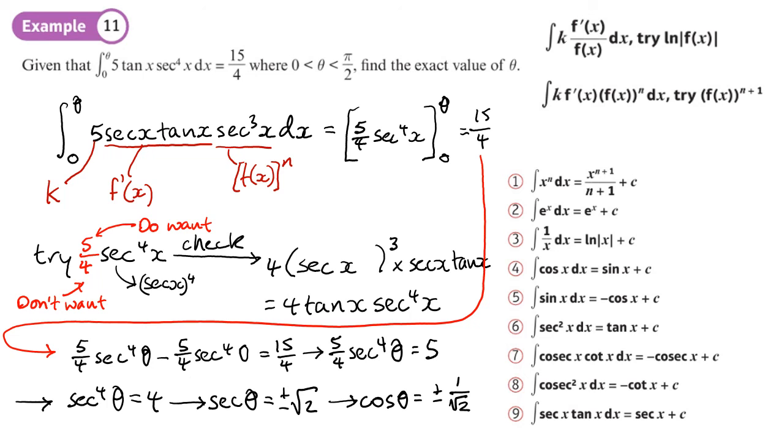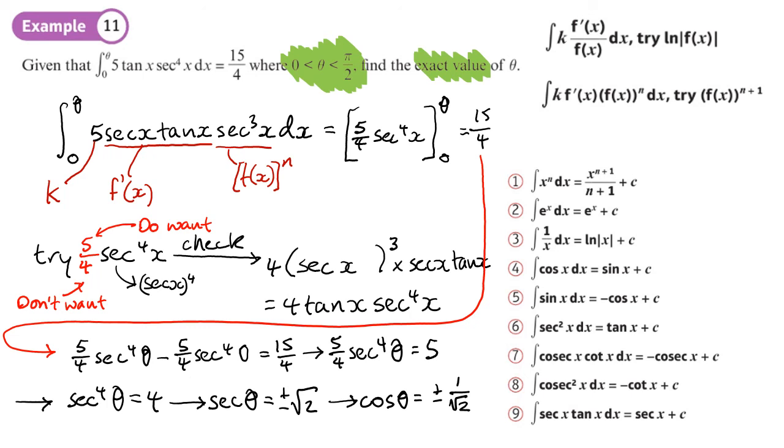Now we need to remember that we're only looking for a value of theta between 0 and pi over 2, and it just says the exact value, so there's only going to be one answer. So if we get anything that's not in that range, we'll just forget about it. We don't need to use a CAST diagram. We're probably going to get it as we work it out on a calculator.